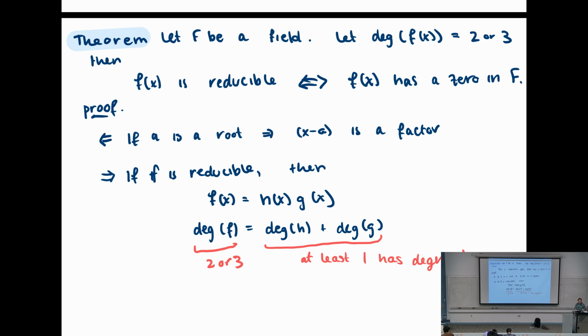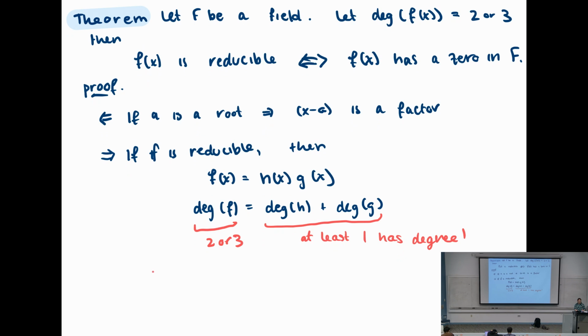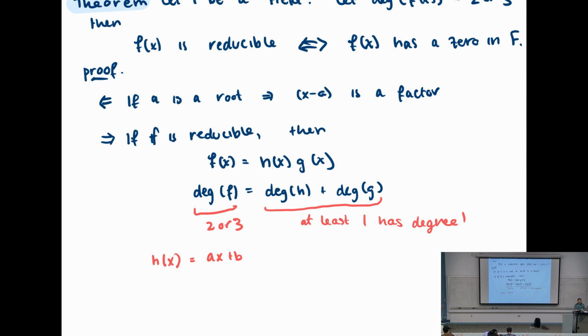Okay, so let's suppose h is the one with degree 1. So that means that we can write h of x as ax plus b. And then let's show that the root of h exists. So this happens when ax plus b is 0. So that would mean that x needs to be minus b over a.